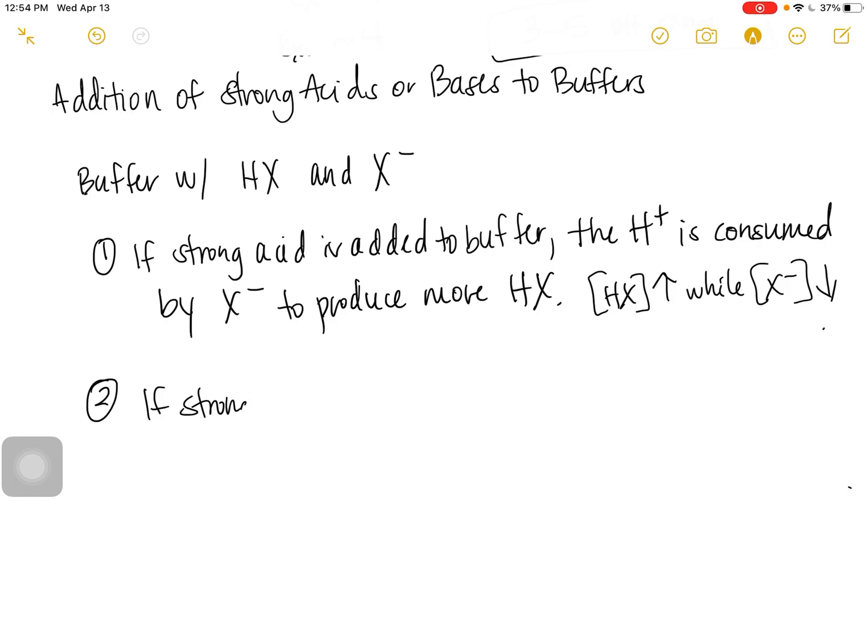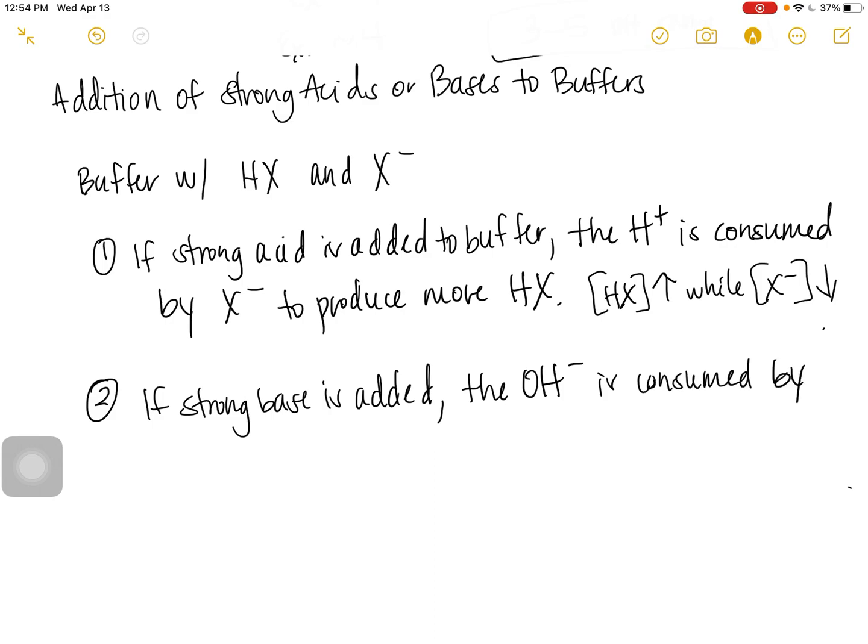The second situation is what would happen if you added a strong base. And hopefully you can kind of see that the opposite would occur, that the OH minus, which would, of course, be coming from your strong base, like say sodium hydroxide, is consumed by the HX to produce more X minus.